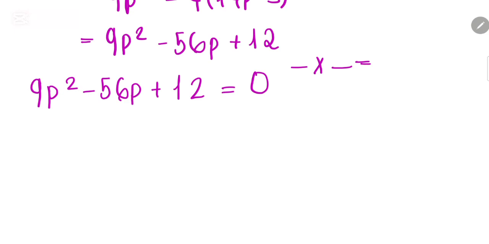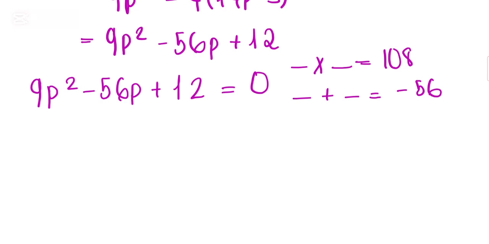Okay, so what two numbers multiply to 108, and add to negative 56? You can either just jump straight to the quadratic formula, but factoring is usually cleaner. In this case, I'm not sure if it is.